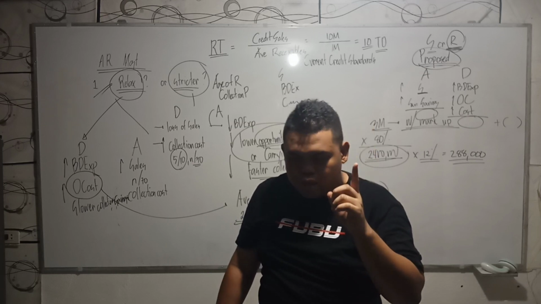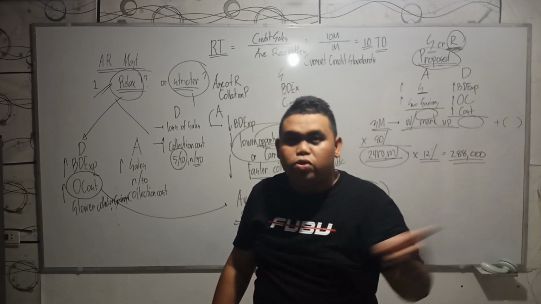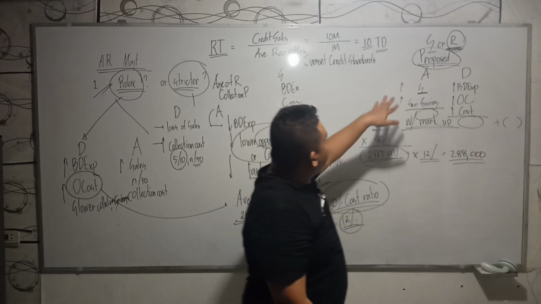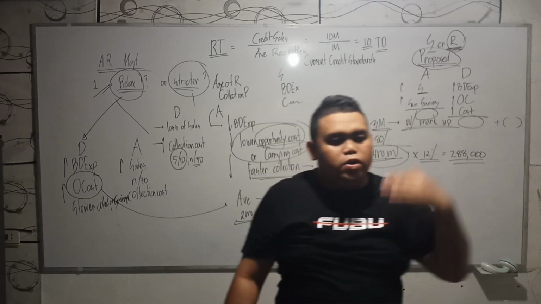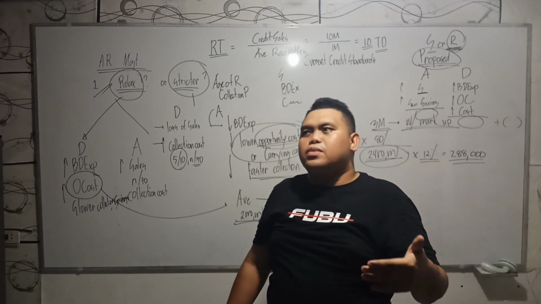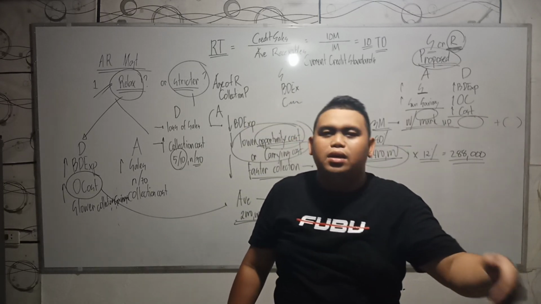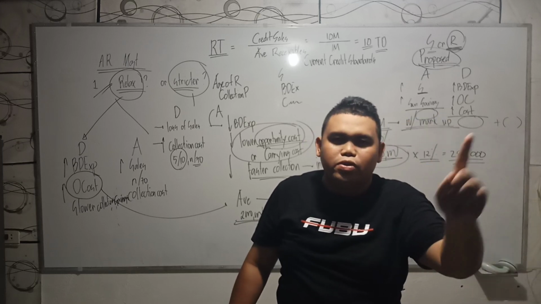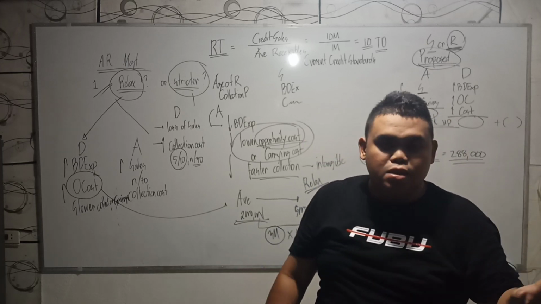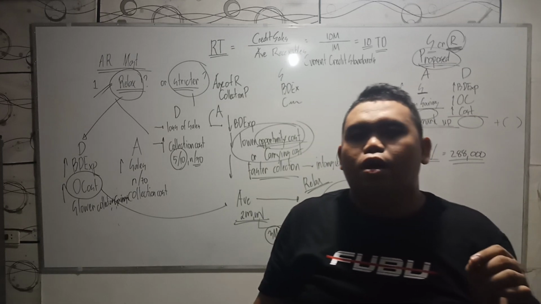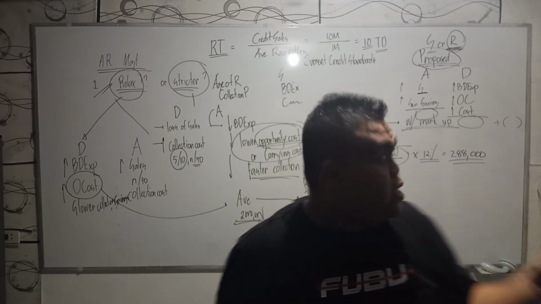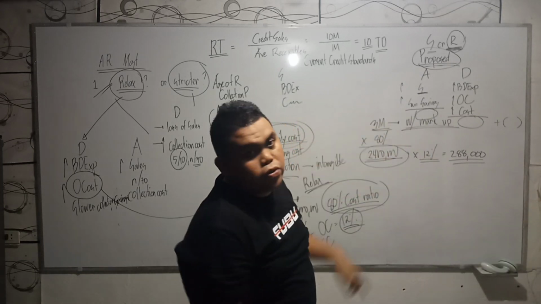And then you extend credit again. That's one turnover. Since we have 10 turnovers here, that means you extend credit, the customer pays, and then you extend credit again, one turnover, 10 times. It happens in your 360-day period. So that's the meaning of turnovers.